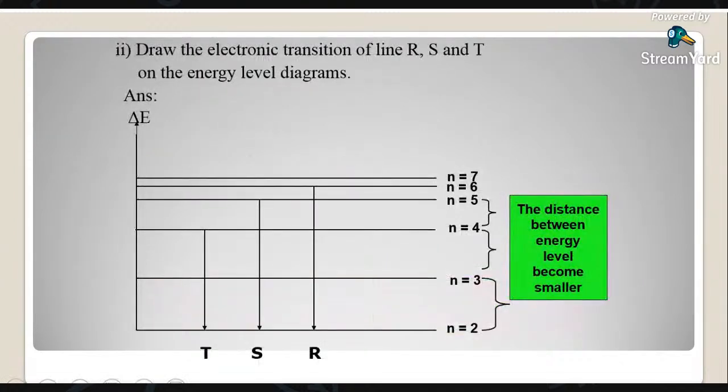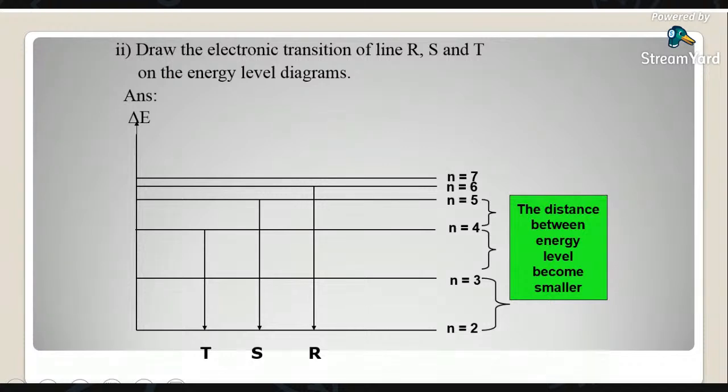Okay. Next question. The first question was to calculate energy for line S. The next question is to draw the electronic transition of lines R, S, and T on the energy level diagram. So here we have to construct the energy level diagram. On the y-axis we write the energy, while on the x-axis we write the energy level.